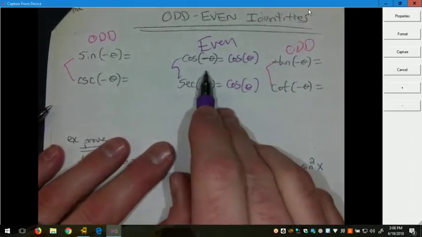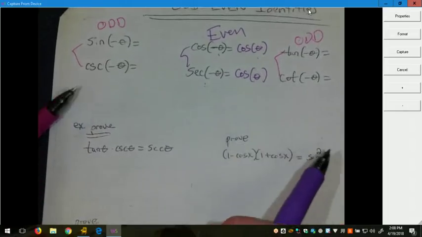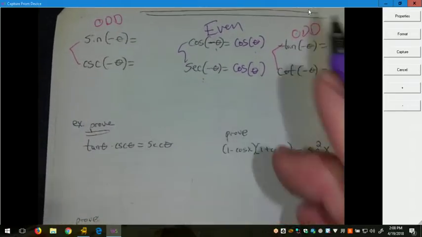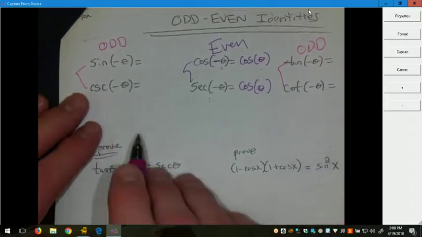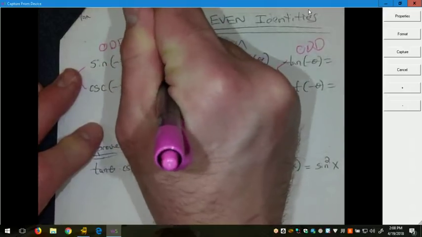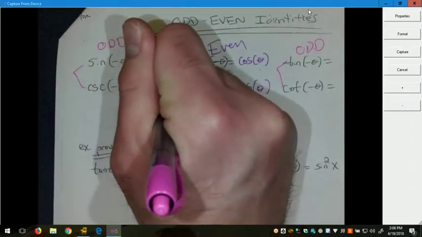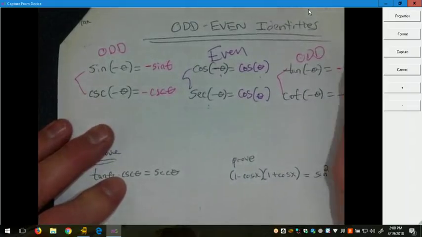Plug in a positive, same thing. You're going to get the positive output. Plug in the negative angle, you get the positive. For sine and cosecant and tangent and cotangent, though, if you put that negative in, you get the opposite output.